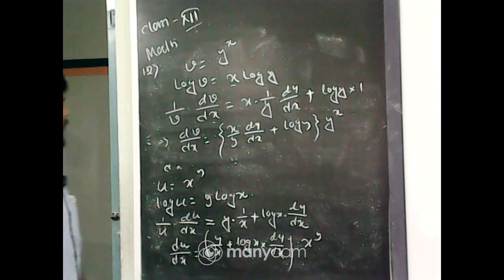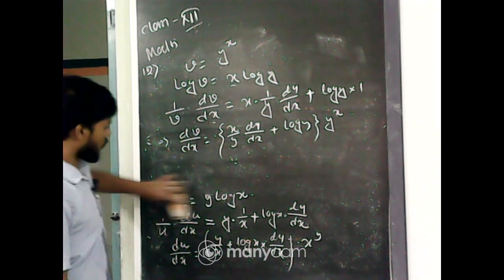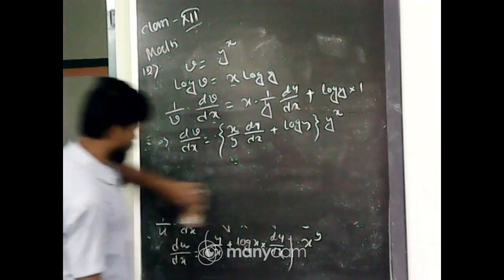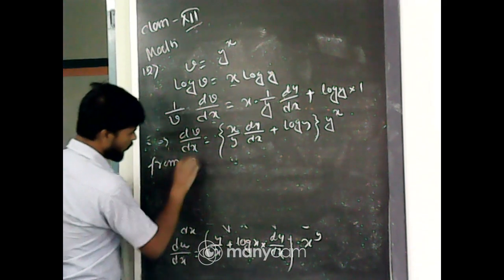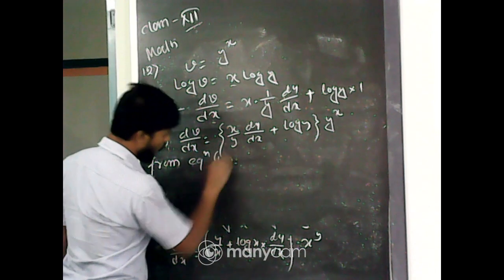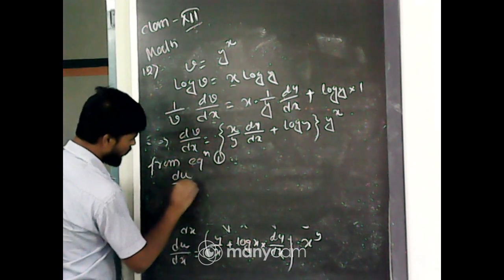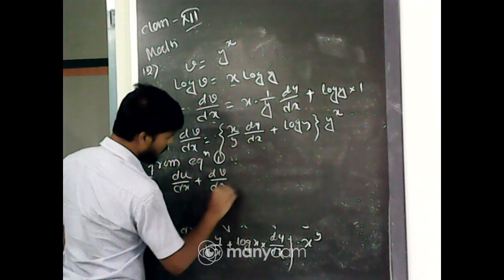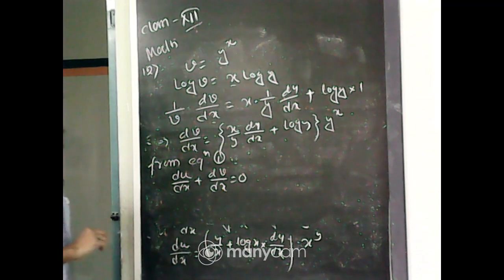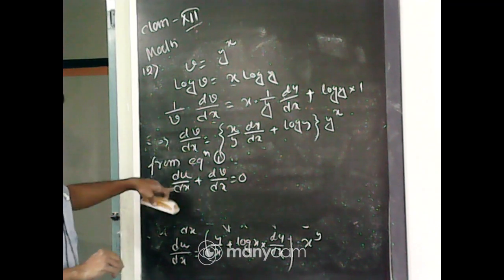So du/dx and dv/dx are all known. Now put these two values into equation number 1. Equation number 1 was du/dx plus dv/dx is equal to 0. Now put the values of du/dx and dv/dx in this equation.